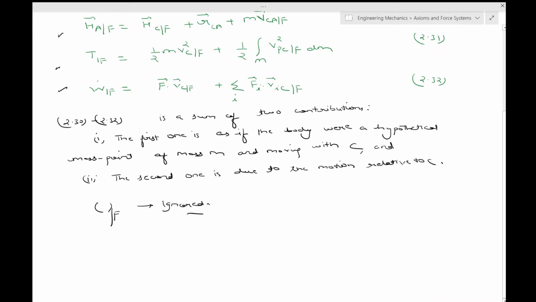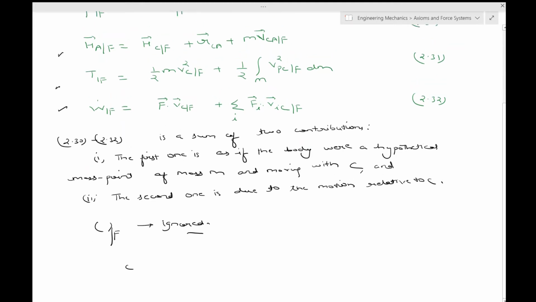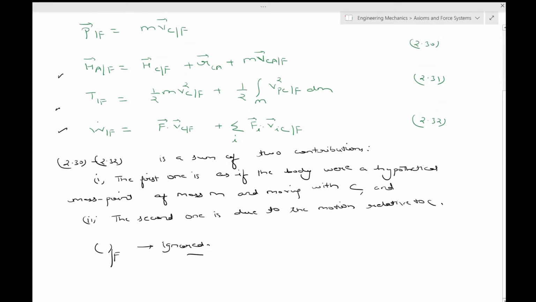So let me first draw this. Okay, so these equations which you see, you should see in terms of this figure I am drawing.